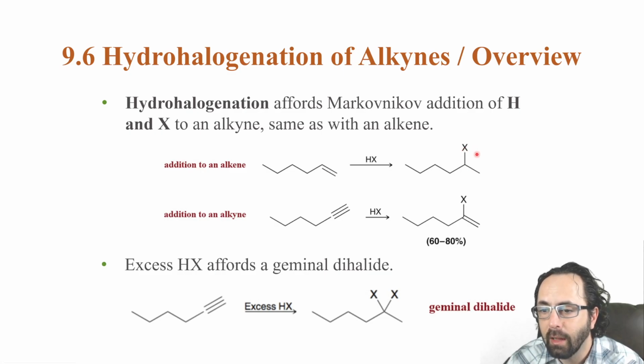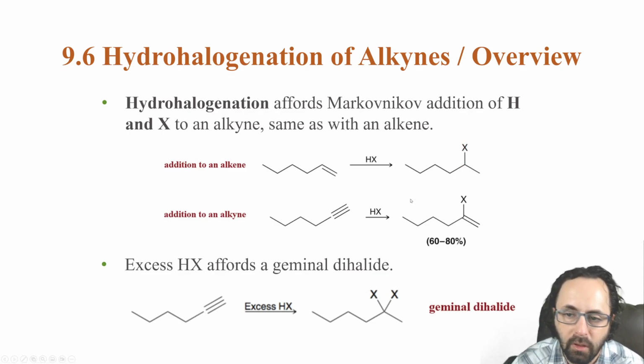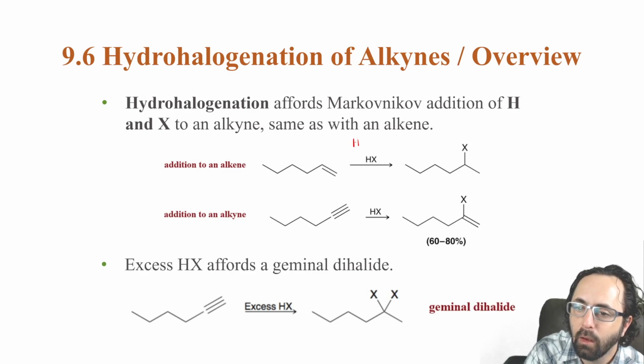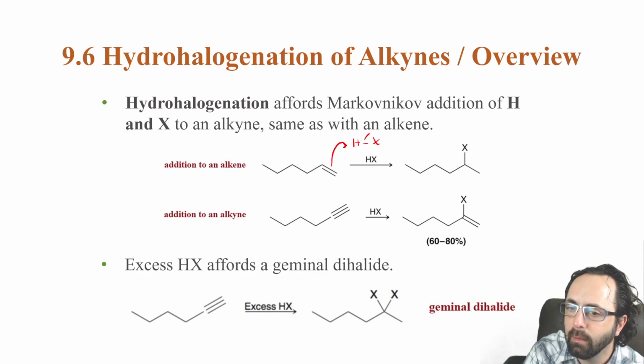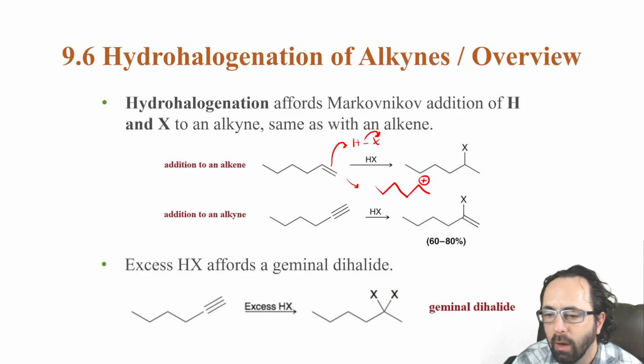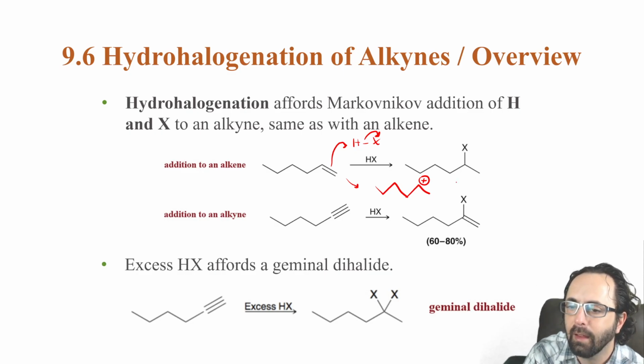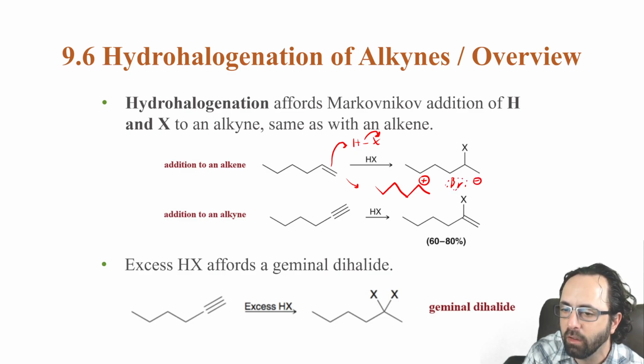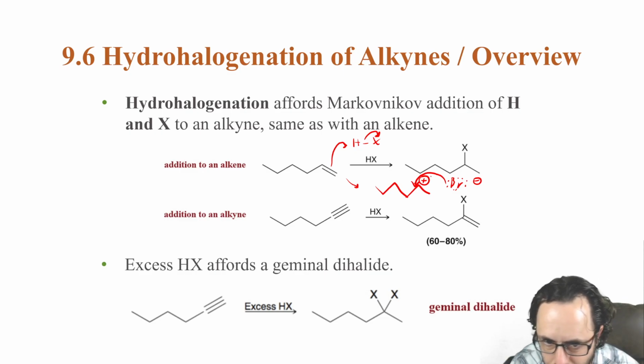Remember that the halogen atom would go in the more substituted position, and the reason is that the initial protonation of the alkene would produce a carbocation intermediate, and that carbocation would be best positioned for greatest stability at the secondary carbon, which would make a much more stable carbocation intermediate than at the primary position. And then that could be followed up by a nucleophilic attack by bromine.